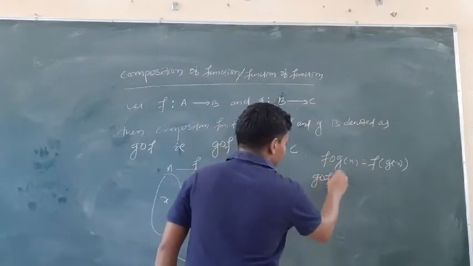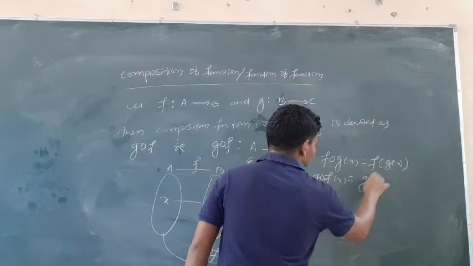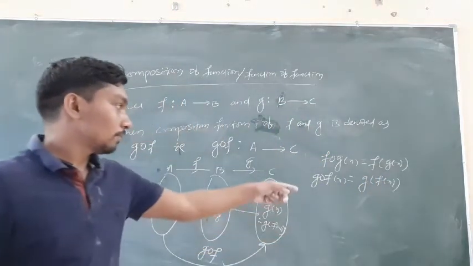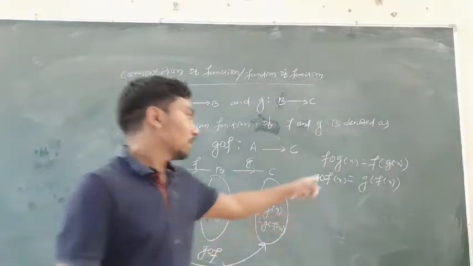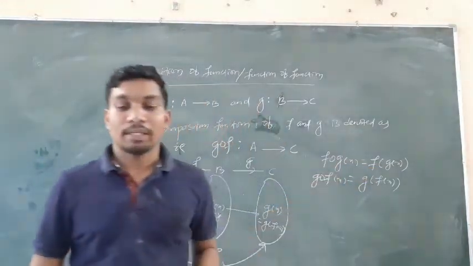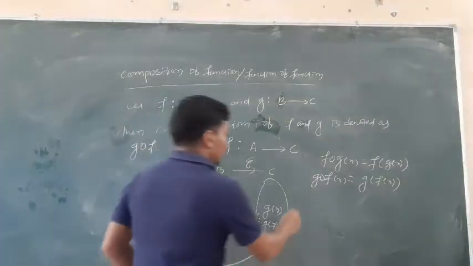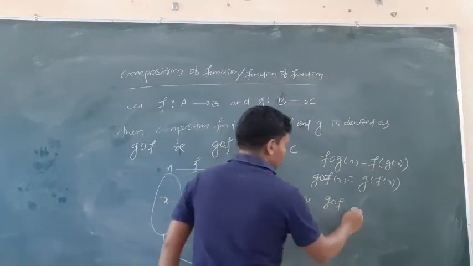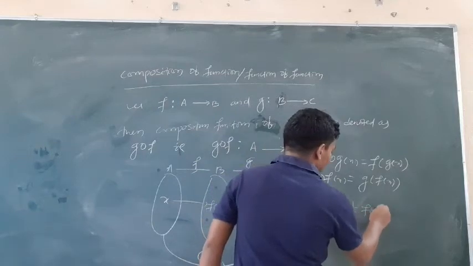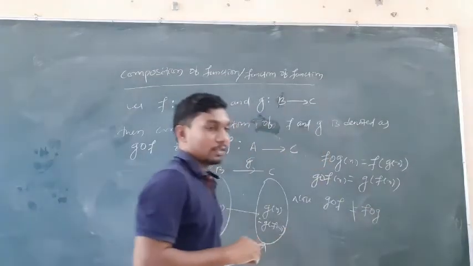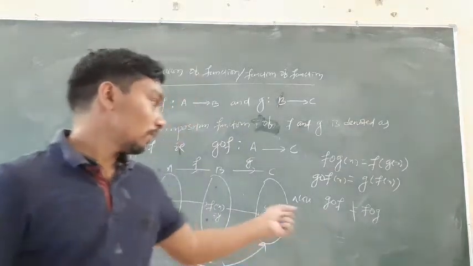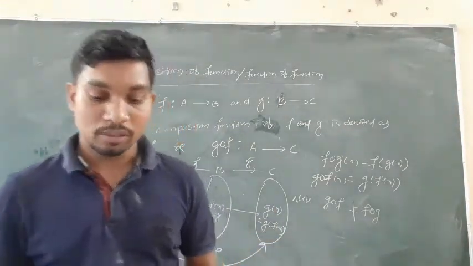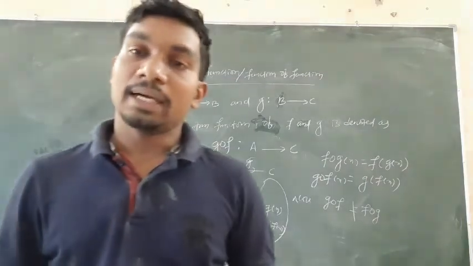Similarly, gof of x is equal to g of f of x, a function from A to C, and this is a function from C to A. Here, remember the note: gof of any functions is not equal to fog of functions. It is only valid, or equal, for identity functions. Identity function means f of x is equal to x.